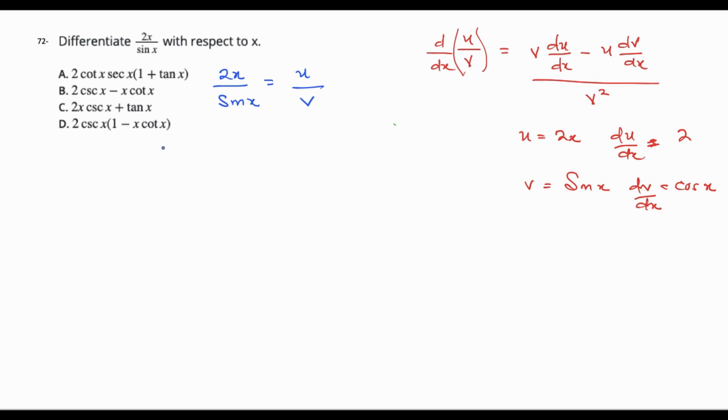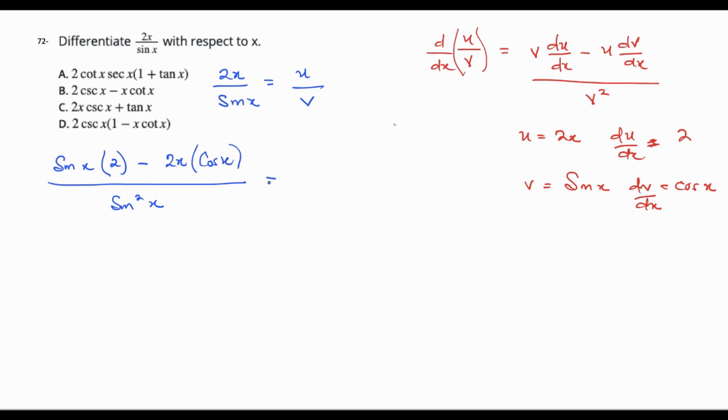So v equals sine x multiplied by du dx, which is 2, minus u, which is 2x, multiplied by dv dx. Our dv dx is cos x, all divided by v squared. V squared is sine squared x.